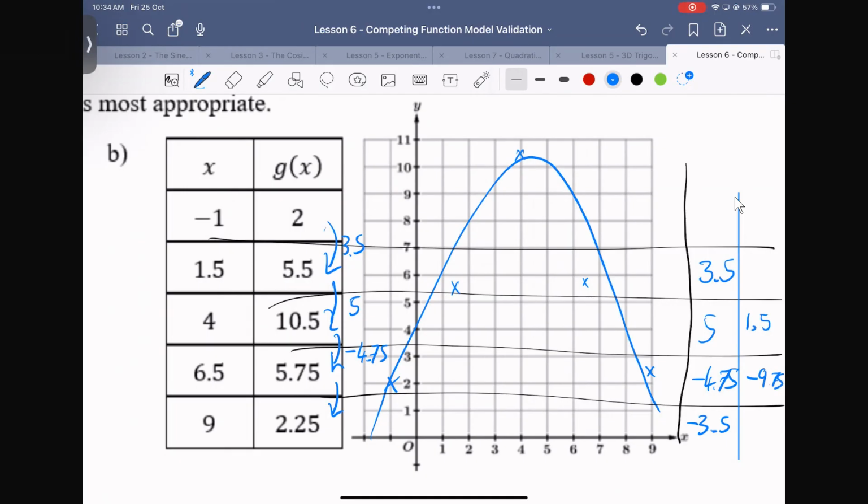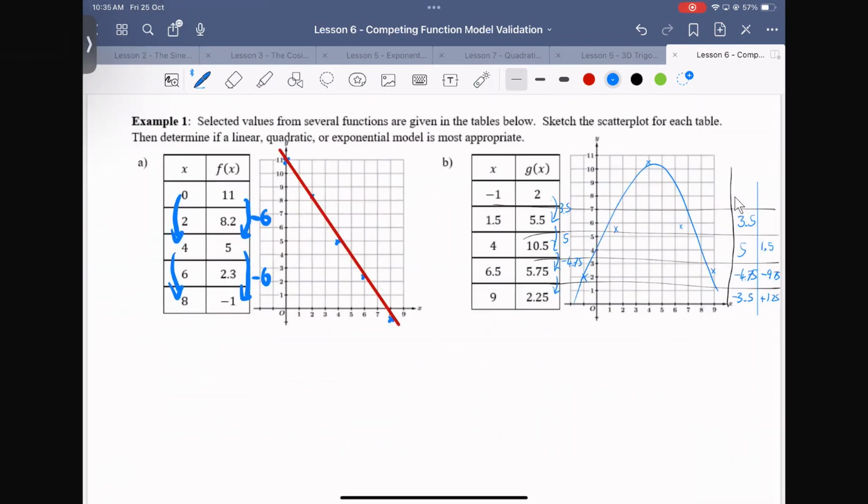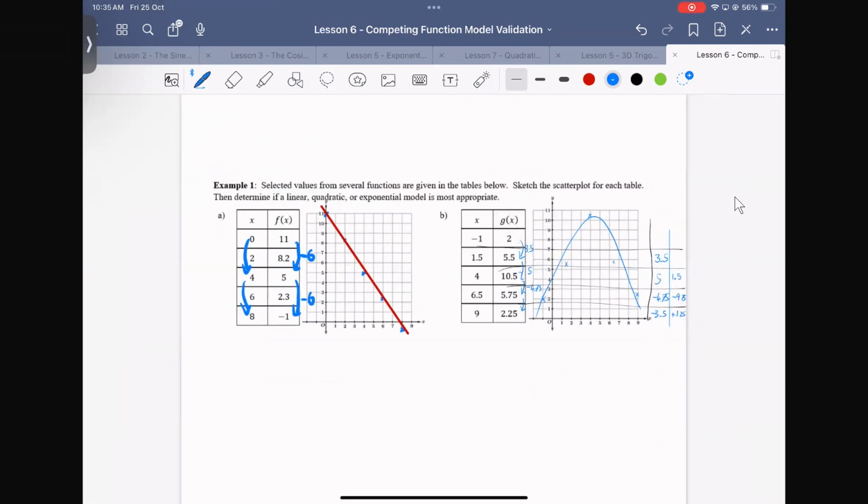And then the next one? Minus 1.25. Not seeing that one. The scatter plot looks more or less quadratic.